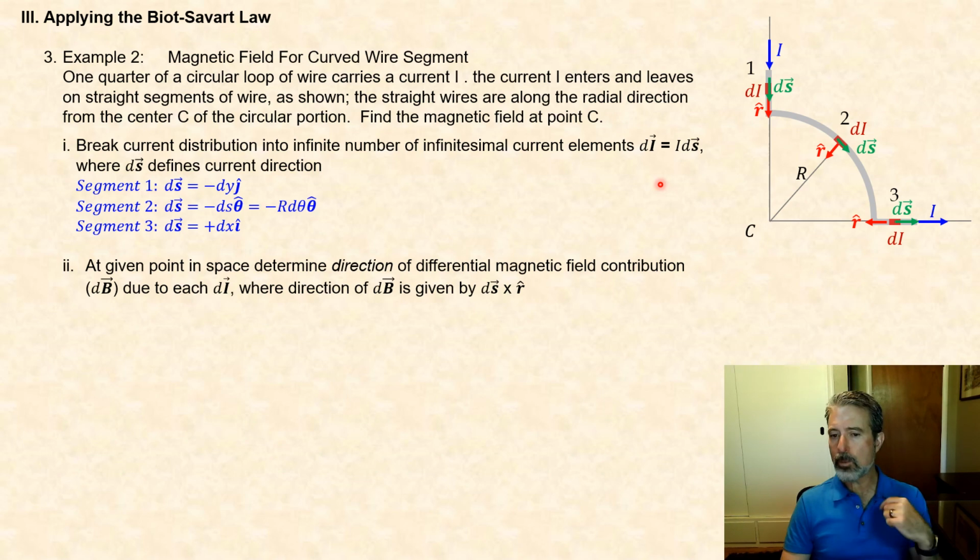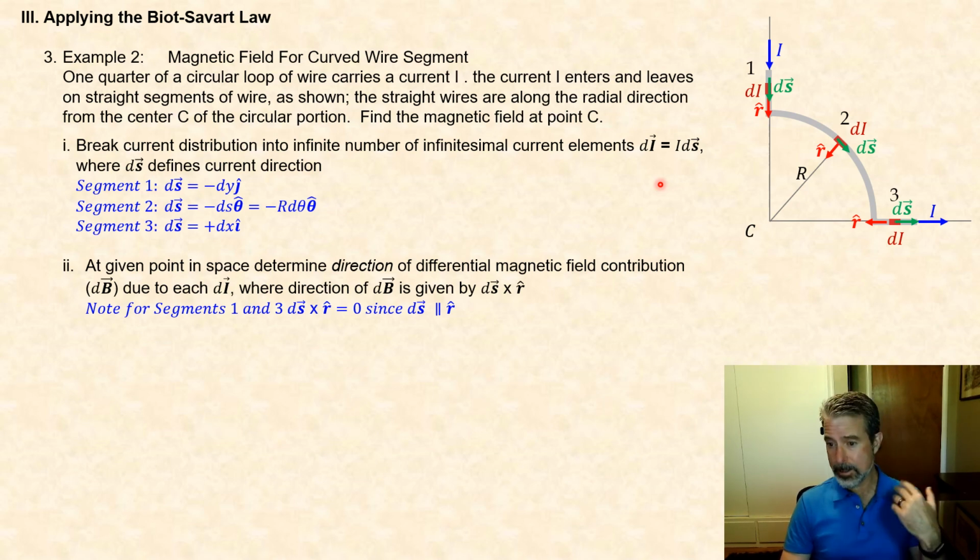So you'll notice here that when we take the cross product for the straight portions of this wire, the angle between the 2 vectors, that is ds and r hat, will either be 0, as in the case of this top current segment, in which case there is no contribution to the field because ds cross r hat is 0.